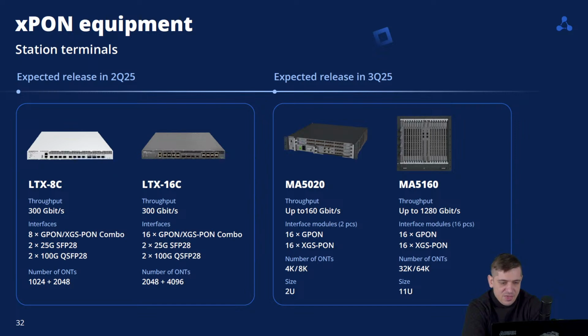And the capacity of these OLTs ranges from 4K up to 60K ONTs that can be connected to these units. So as per size, MA5020 shall take 2 units in rack, and MA5160, it's a huge chassis device, will take 11 units in rack.